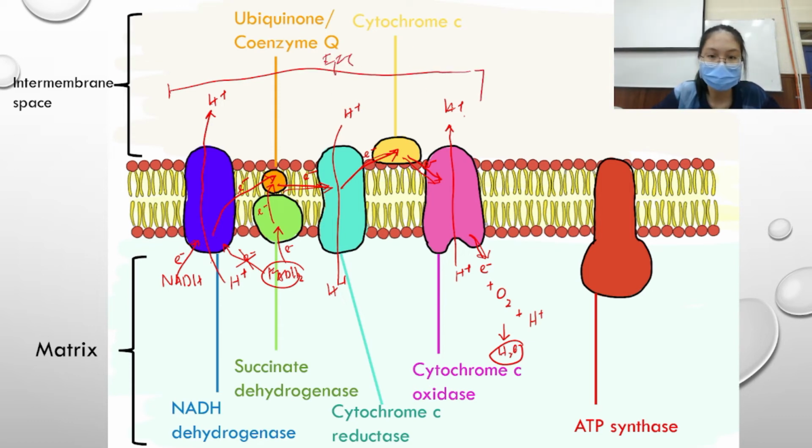And after ETC, there's many H plus, which is the proton accumulated in the intermembrane space. The concentration of H plus in the intermembrane space increases, but how is the H plus returned back to the matrix? The H plus needs to diffuse through this ATP synthase, since it cannot just pass through this membrane layer.